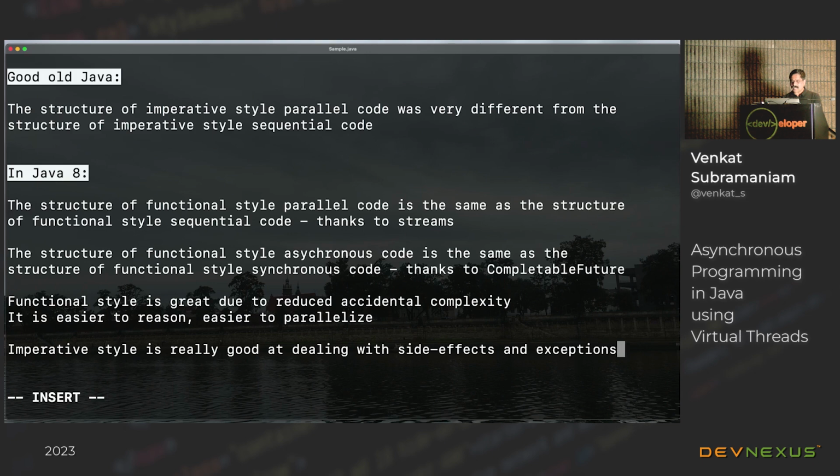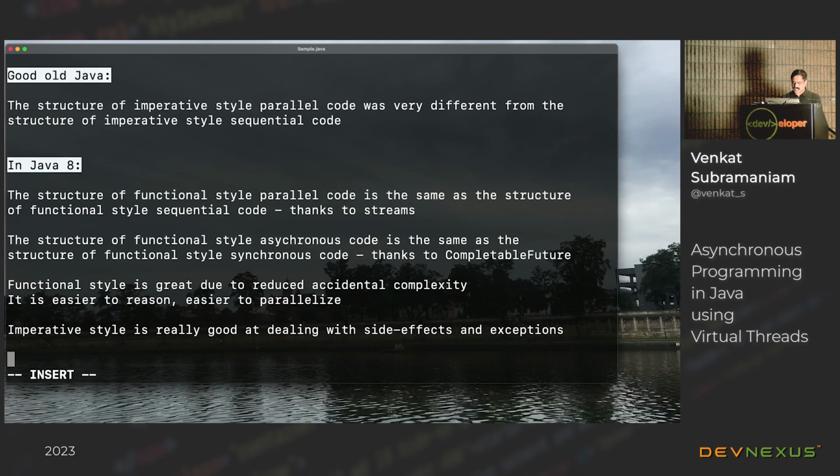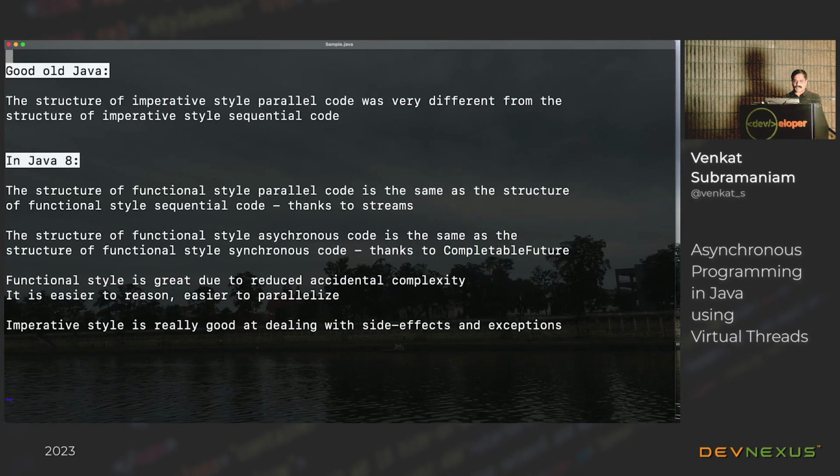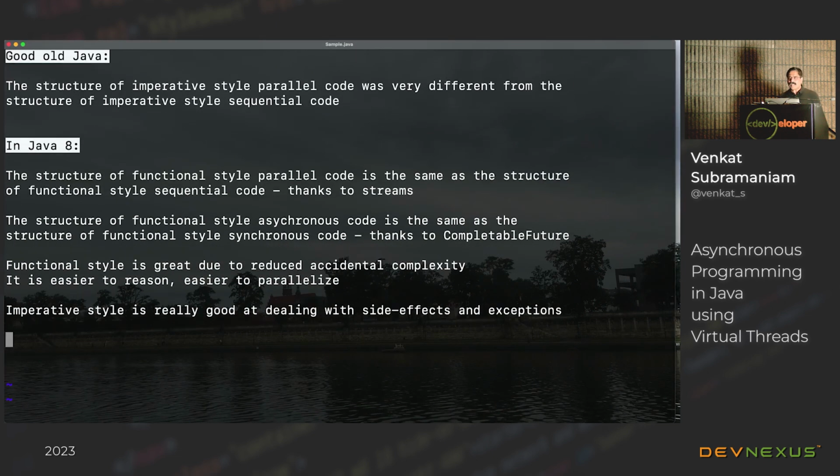So if my code has a lot of side effects, or has to deal with a lot of exceptions, writing the code in functional style becomes a lot more complex. I look at this code and say, I lost some of the benefits of functional style. Readability is not as good, cohesion is not as good, and I think, I really need something better than what I did. So here comes the charm.